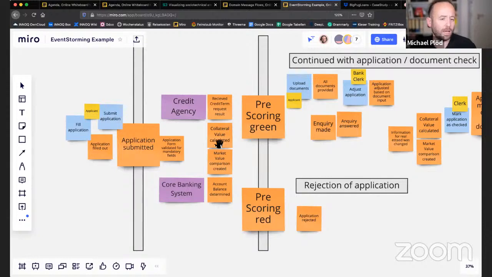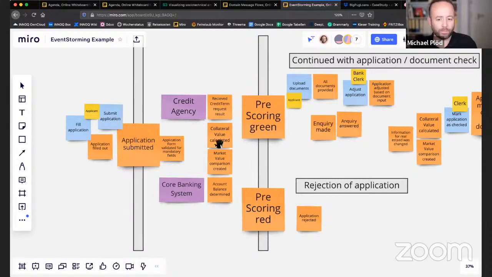It draws a credit term request from a credit agency. We determine the account balance on the accounts of the customer if they are a customer. We assess the real estate by calculating a collateral value and a market value comparison, and this results in a result green or red.